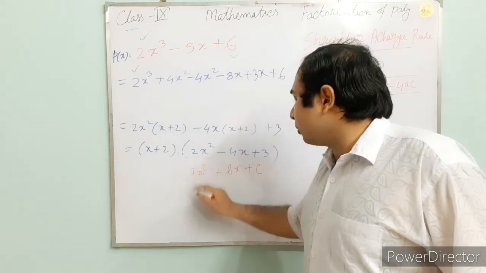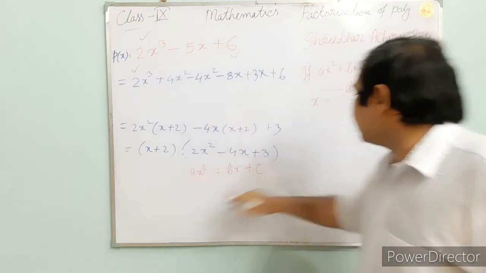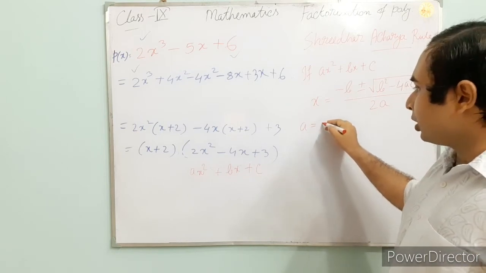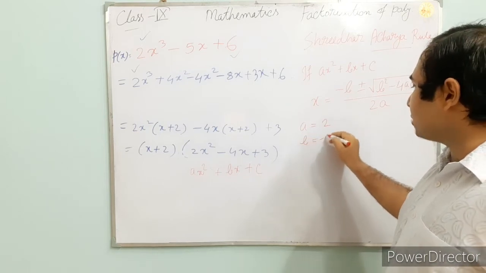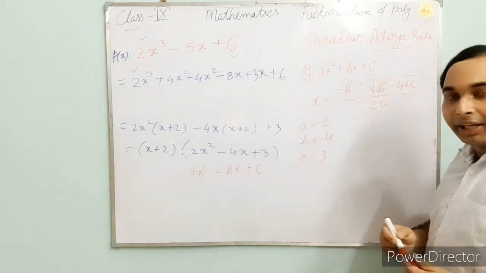So from comparing those two, we are getting a equals 2, b equals minus 4, and c equals 3. Then apply here.